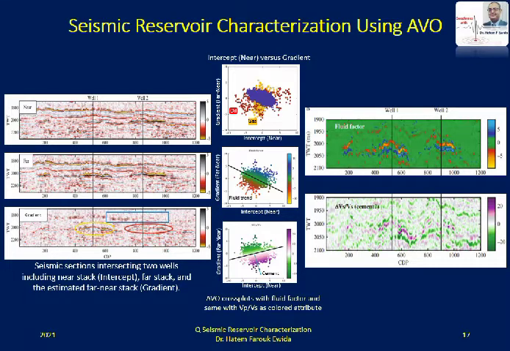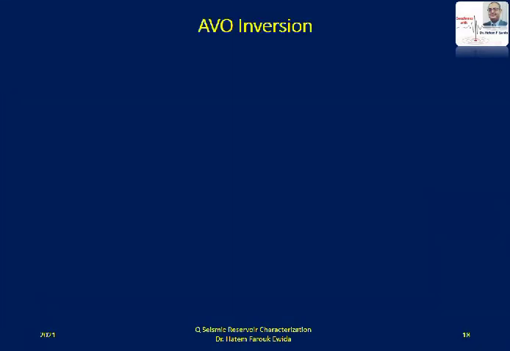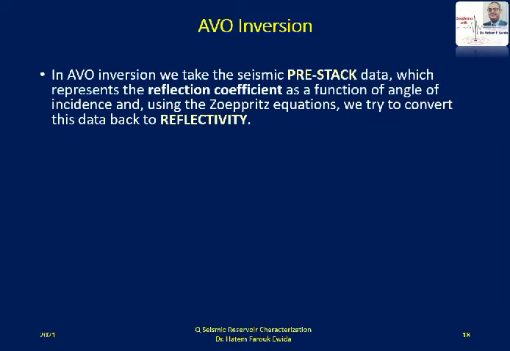So to summarize what we're talking about, we mentioned the AVO inversion. In AVO inversion, we take the seismic data, remember, in the pre-stack domain, before stacking the data, because this represents the reflection coefficient of the data as a function of angle of incidence.